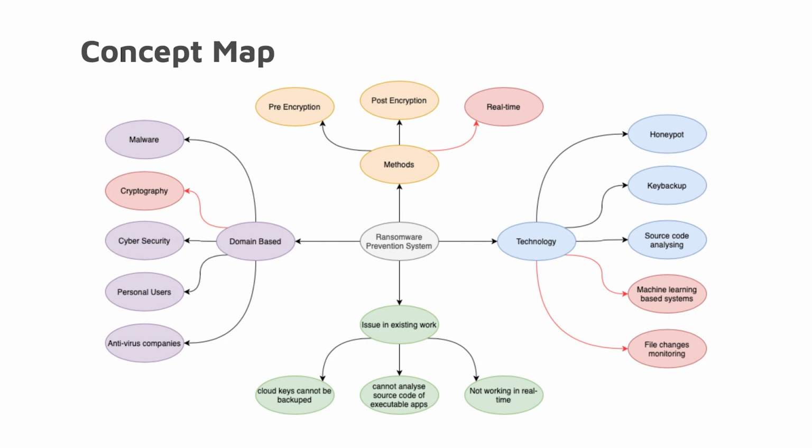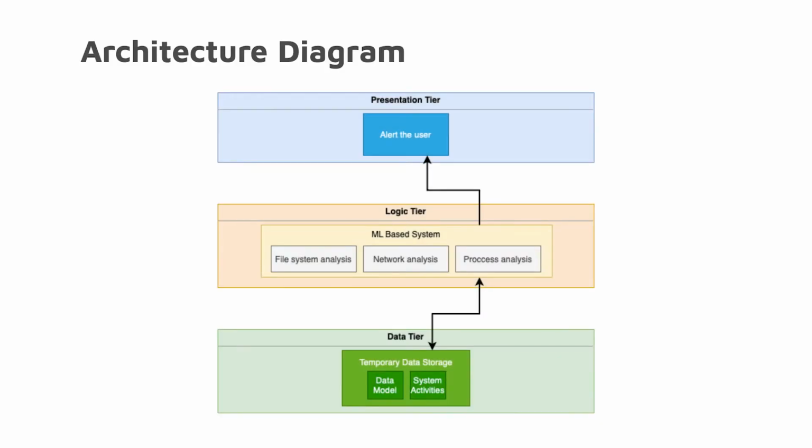Based on the literature review, I drew this concept map for the GigaRanD system. The red colored lines show what I am going to research and improve. The architecture of the system has three tiers: the presentation tier, the logic tier and the data tier.